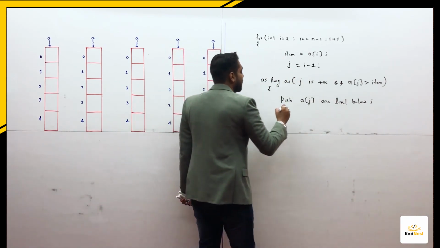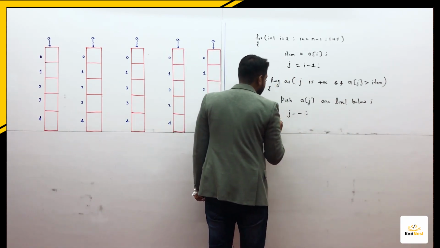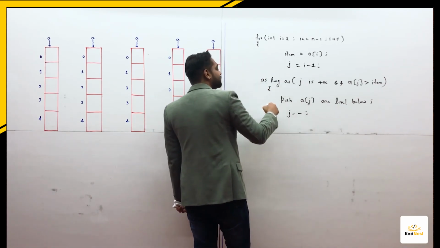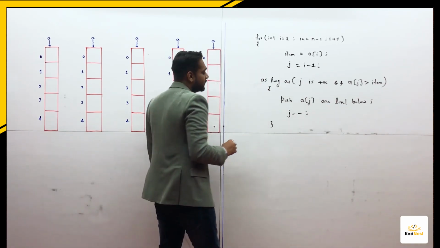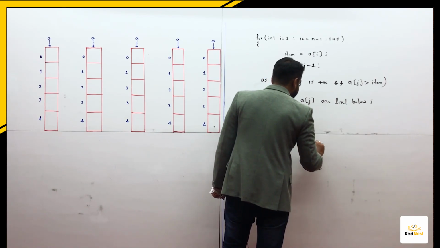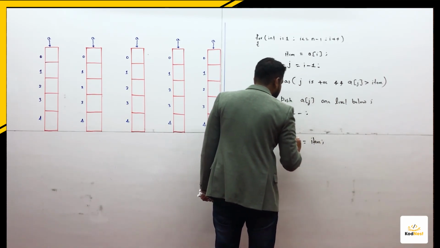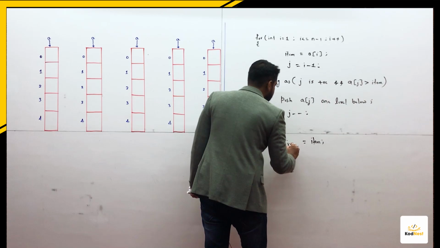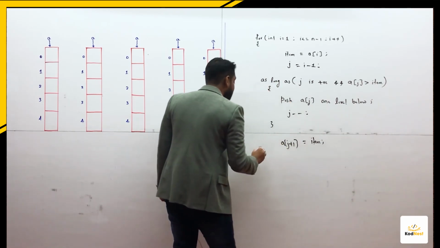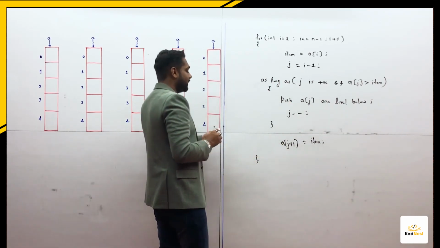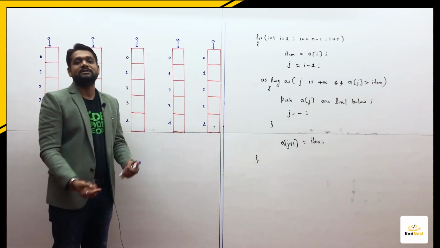Not only that, I have to decrement the value of j, it seems. Once I come out of this while loop, whatever is there in item, I have to give it to array of j plus 1, it seems. This I have to do from i equals 1 to n minus 1, it seems.